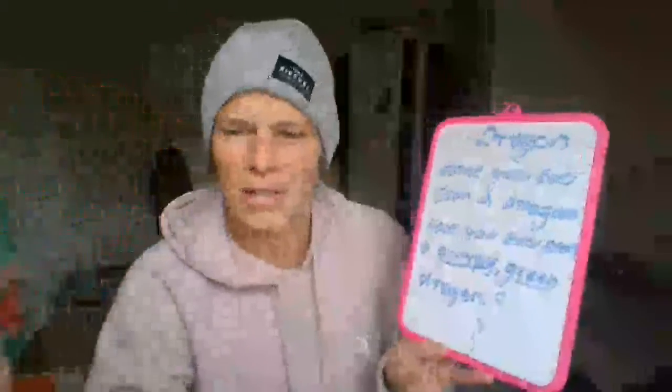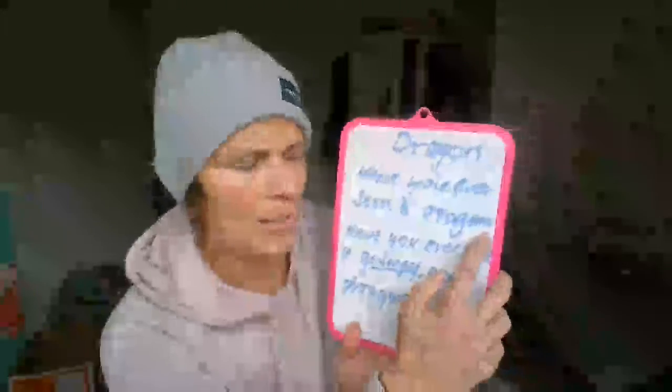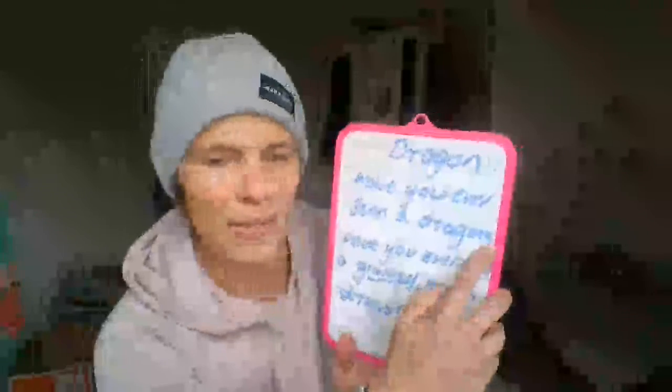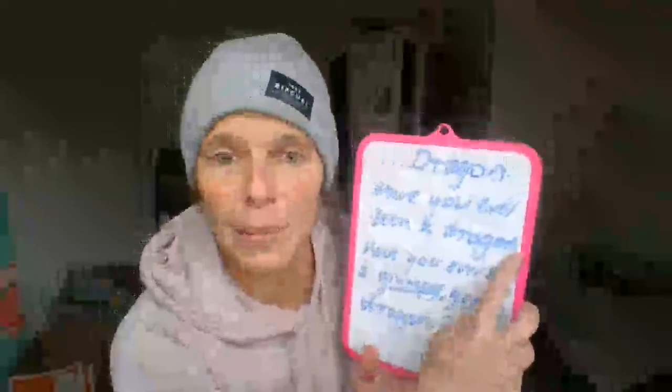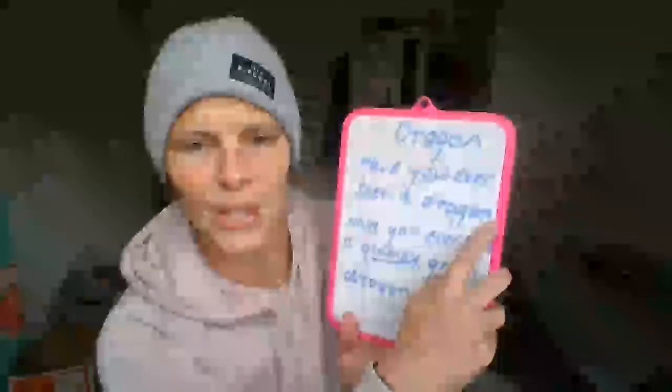Okay? So if I was going to ask a question about a dragon, I might ask something like, have you ever seen a dragon? I don't know that this is a question yet, though, when I'm reading it, because I haven't put some very important bit of punctuation on the end of this.